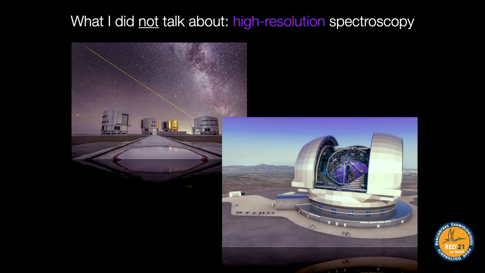It's not because it's not an interesting technique, because high-resolution spectroscopy can do things that are very complementary to what I talked about. It's just that it would take a lot more time to go into the details, but if you're interested, there is a lot more to learn and a lot more that will be done thanks to these observatories.